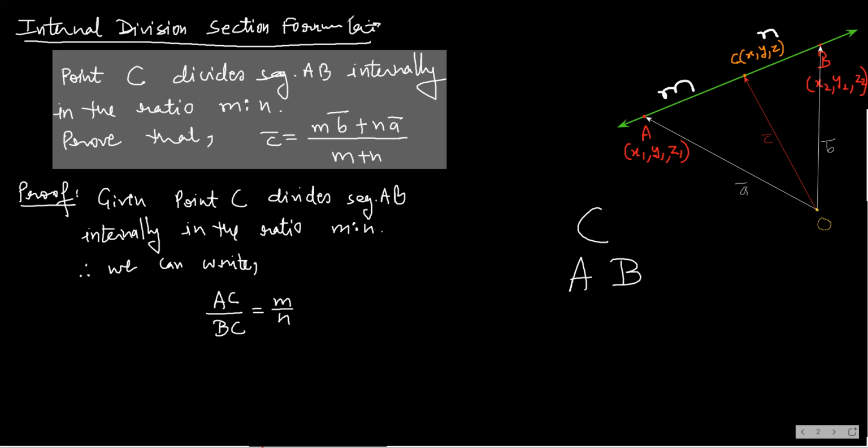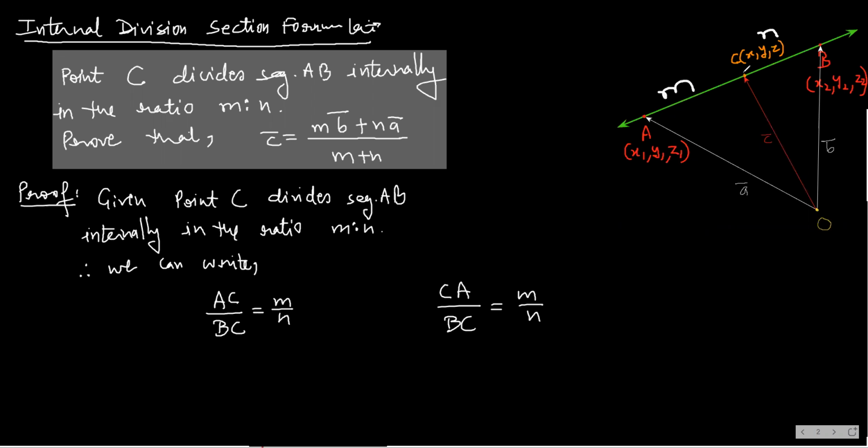I could even have written CA upon BC as M upon N. That hardly matters.